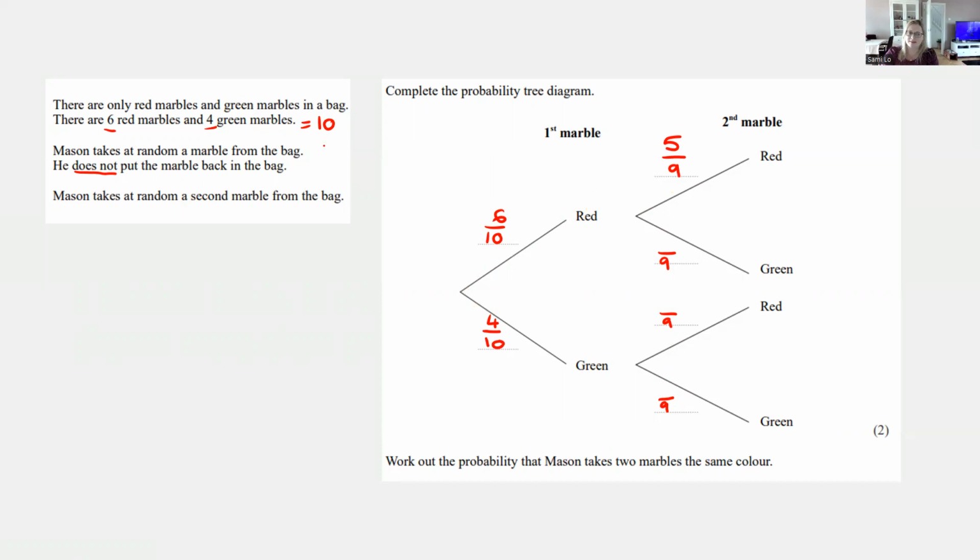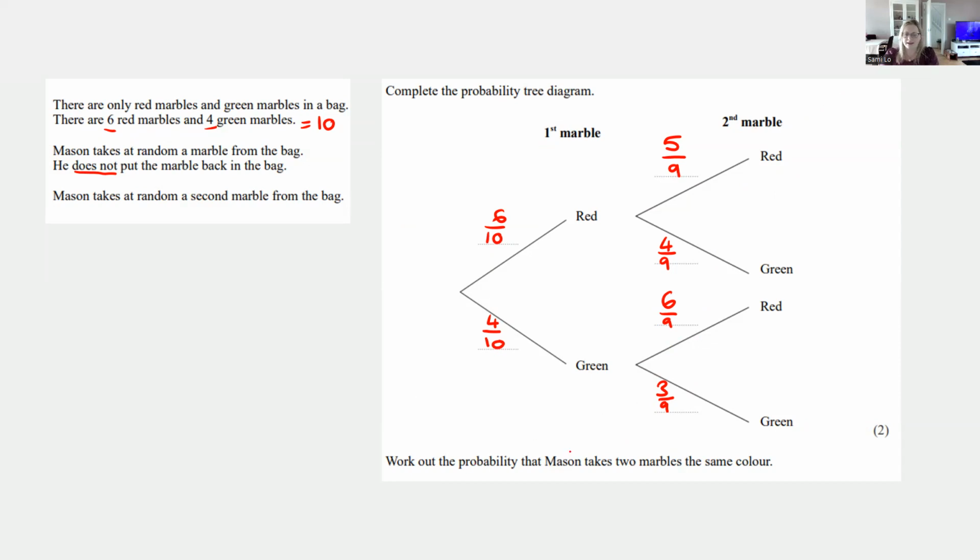Greens are going to stay the same because they haven't been chosen yet. So that's why the 4 is still there. Now, if we go down the green line, that means he hasn't taken a red one. That's why it stays the same. And then he has taken a green one, so it drops. You should notice that each of those branches still adds up to 1. If they don't add up to 1, then that's where you've gone wrong.